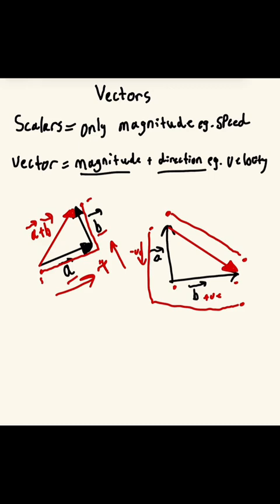So we've got negative vector A plus positive vector B. That will give us the resultant vector. Let's just call it vector C. Another way of writing this is vector B minus vector A will give us vector C.